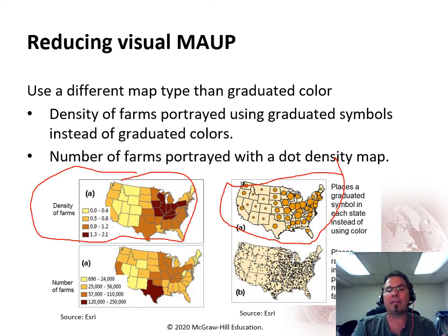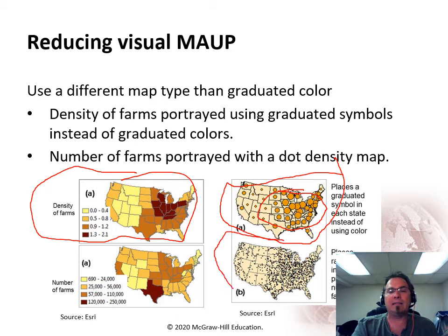You could kind of still get the same trend that, hey, there's more farms in this area of the country up in this area here than let's say out west per area without having that dark color scheme dominate what you're looking at visually. And the same thing applies with the number of farms and just placing random dots.